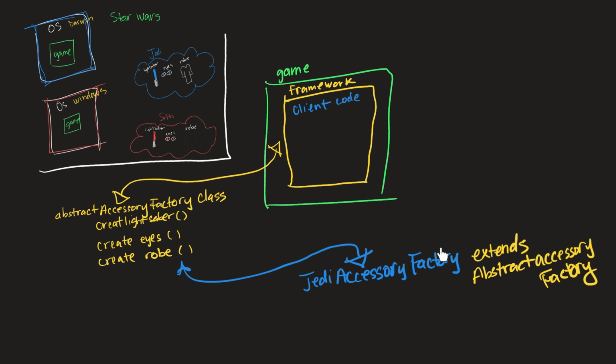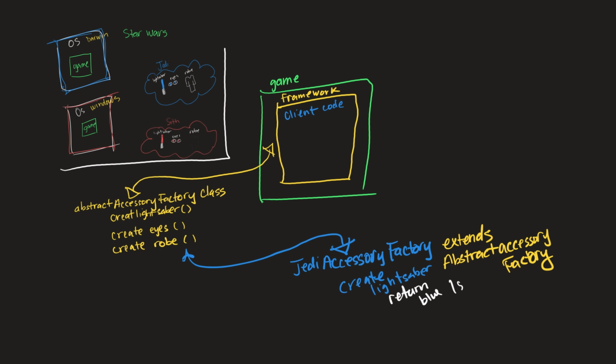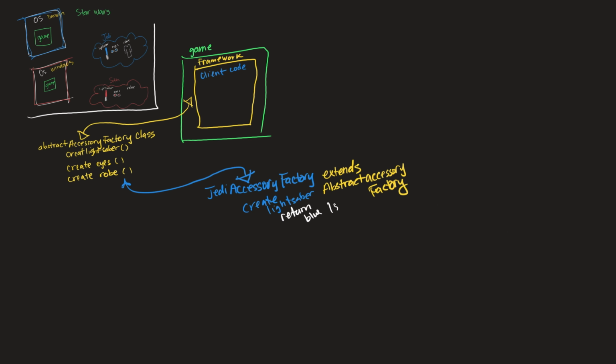And since this is a concrete class, this one needs to actually implement these methods. So it's just going to implement create lightsaber, which is going to return a blue lightsaber. And once again, I'm running out of space here, so just bear with me. And it's going to do create eyes and return blue eyes. And lastly, create robe, and it's going to return a white robe.